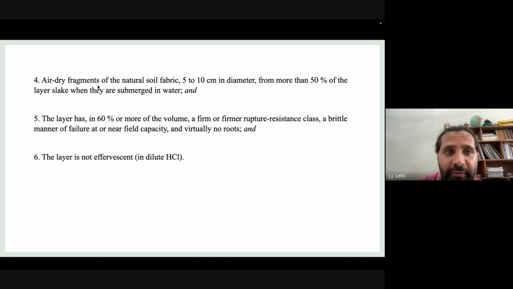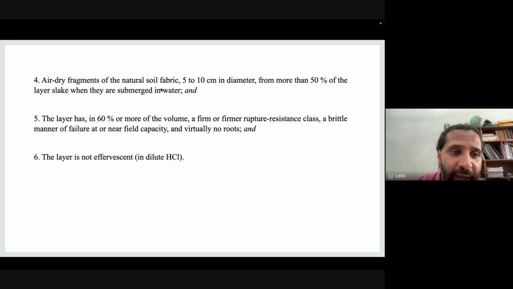Air-dry fragments of the natural soil fabric, 5 to 10 centimeters in diameter, from more than 50% of the layer slake when they are submerged in water. So I don't need to put them in alkaline solutions anymore. Just water will be enough. Okay, so I just put some pieces of soil in water, and I can see that they will slake, they will be dissolved, when I put this material in water.